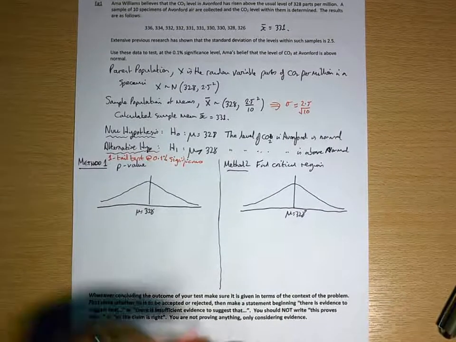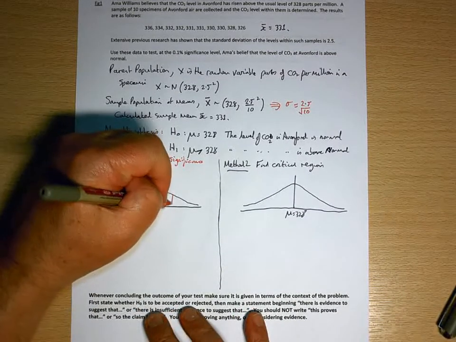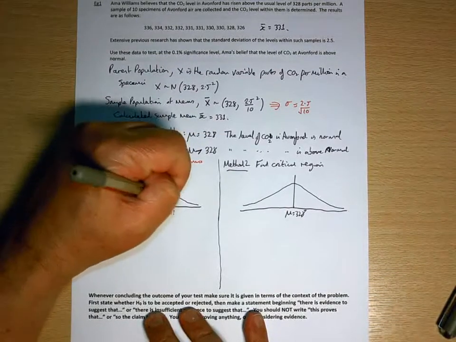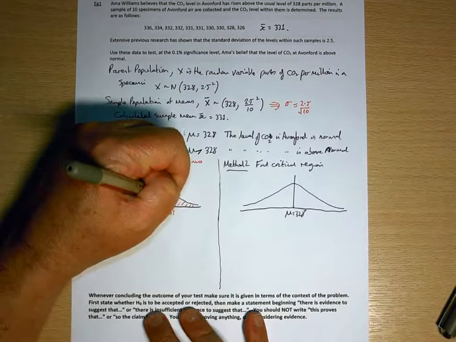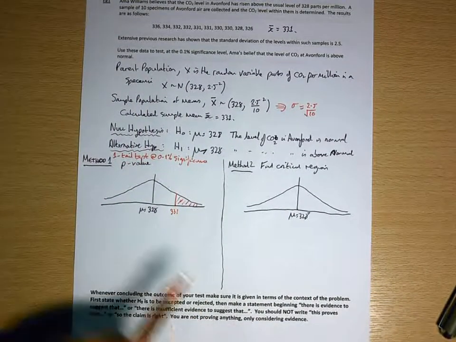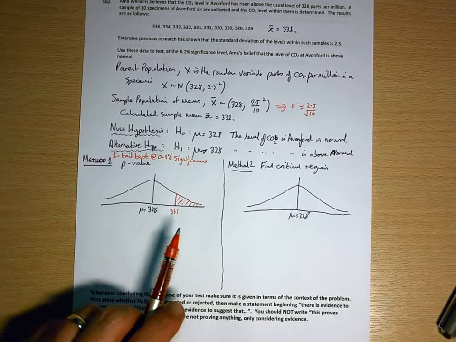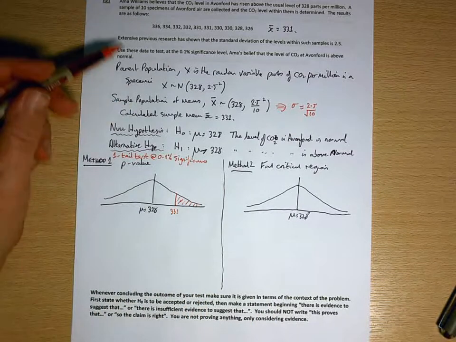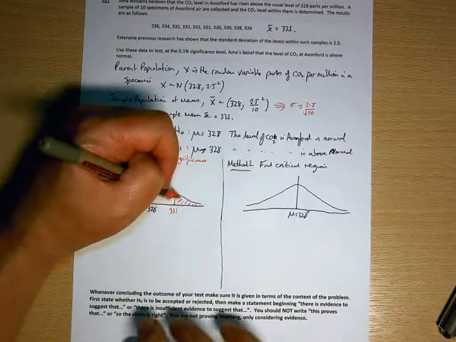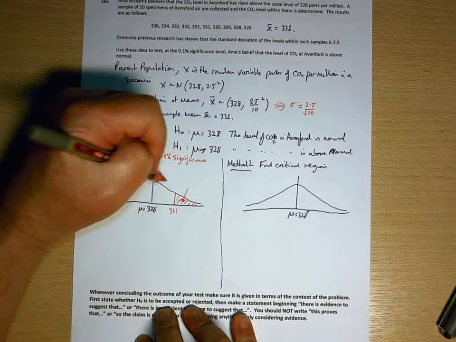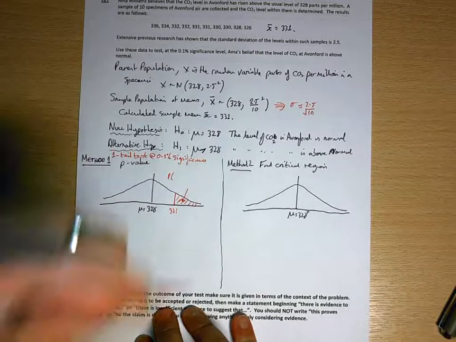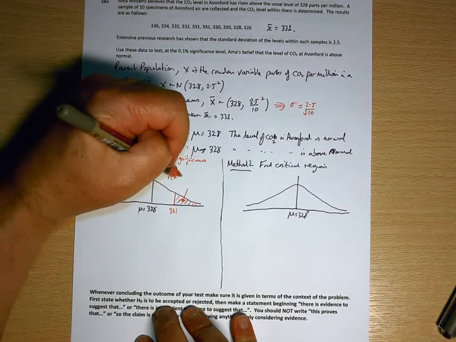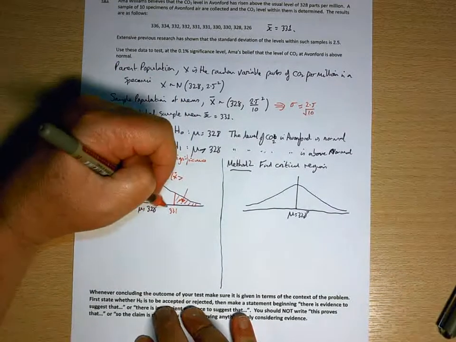So coming back to the p-value, what we're working with the p-value is we want to find out with our sample mean, which is 331, what the probability is of that occurring by chance as opposed to occurring outside the parent population. So what we're working out is this area here, the probability that the mean is greater than 331.